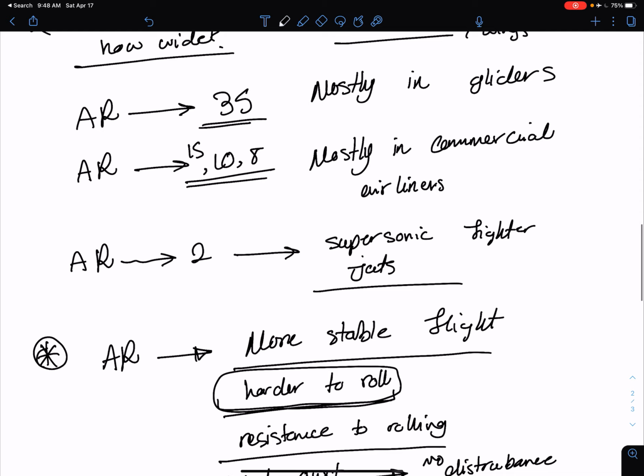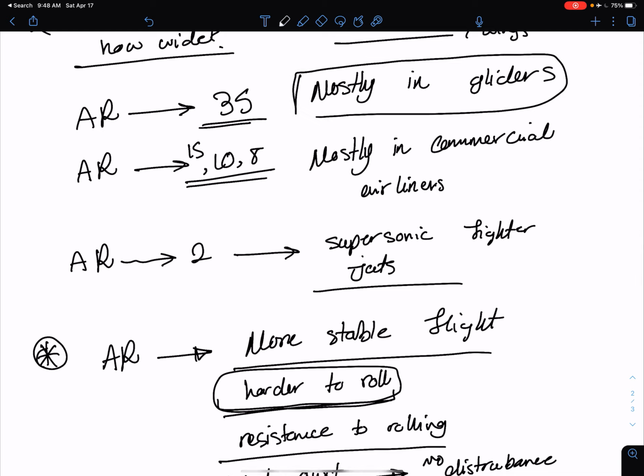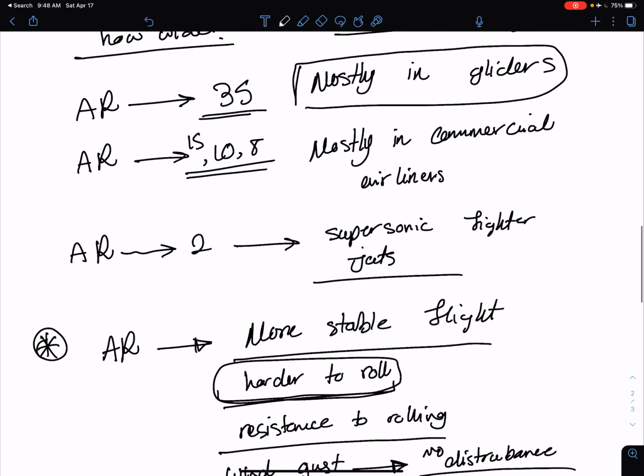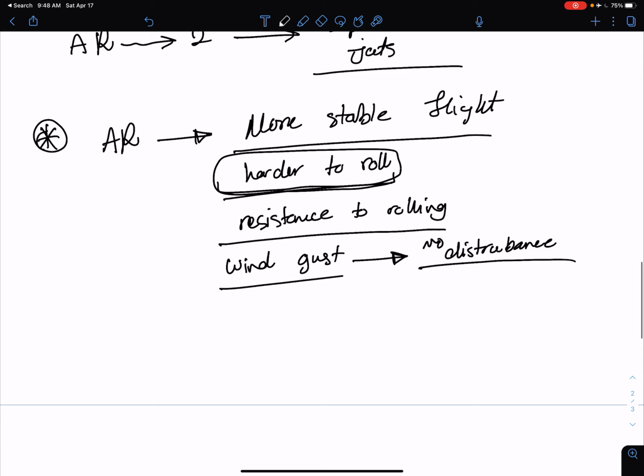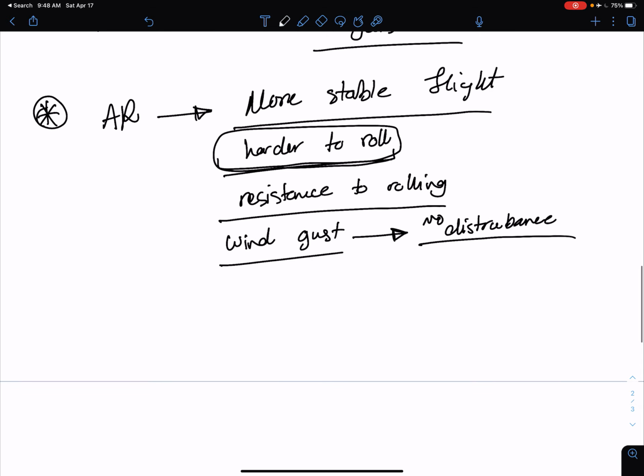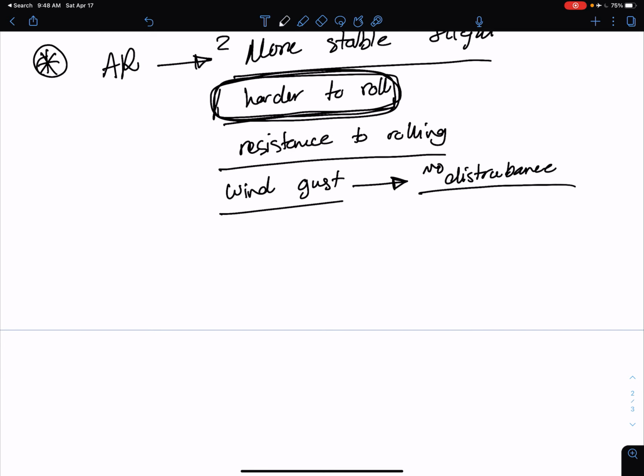Of course, in gliders, you need as much stability as possible. You're going to have higher aspect ratio, but there are other reasons for it. But one of the reasons is the maximum stability. And as you move on, in fighter jets, you don't really want an aircraft that is hard to roll, because you want it to be as maneuverable as possible.